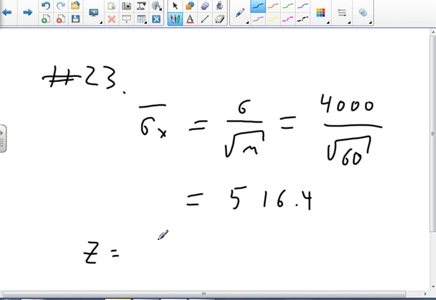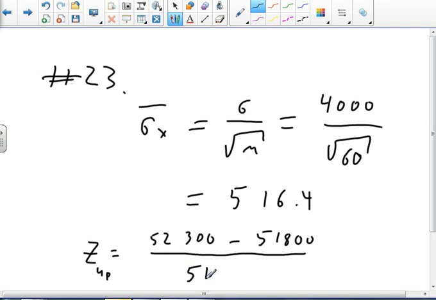I'm looking for the upper z value. The mean is 51,800. I want 500 higher than that, divided by the standard deviation 516.4.